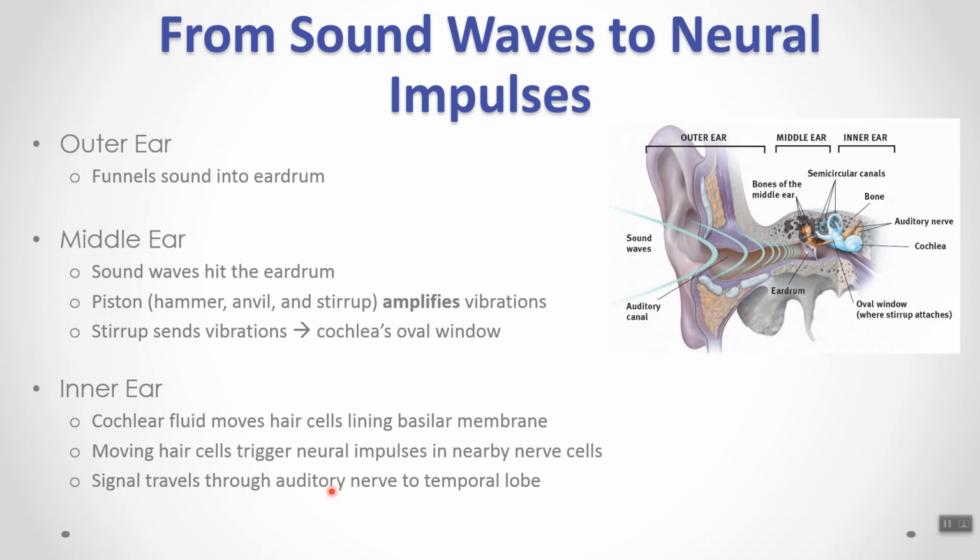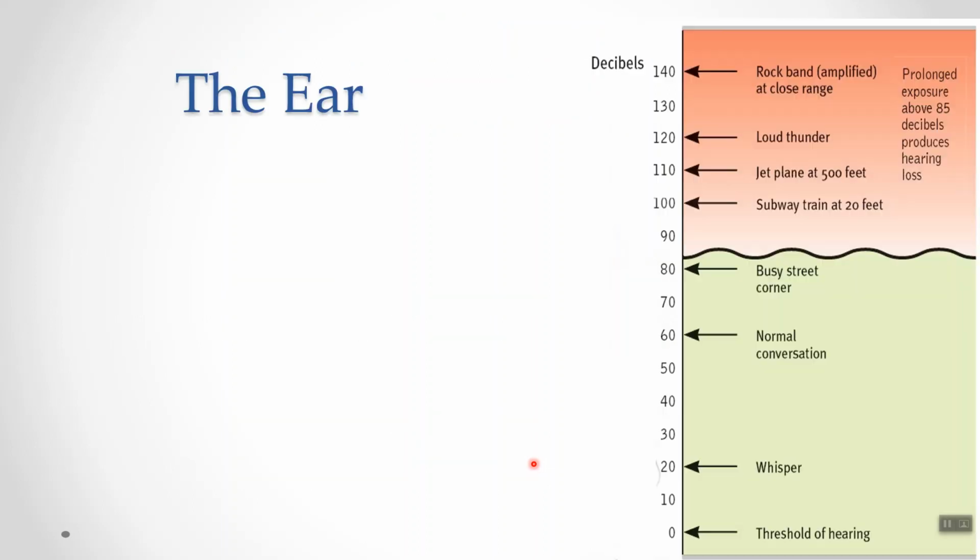And this is how we get all that information to our brain. It hits the auditory nerve, and these are axons taking that signal up into your temporal lobe, so that it can start to interpret the sound, pitch, how loud it is, all that fun stuff.